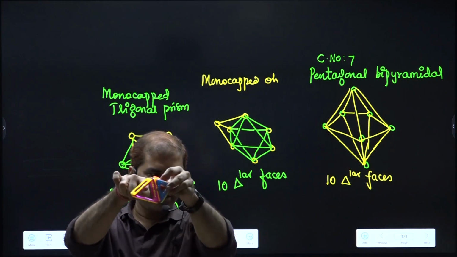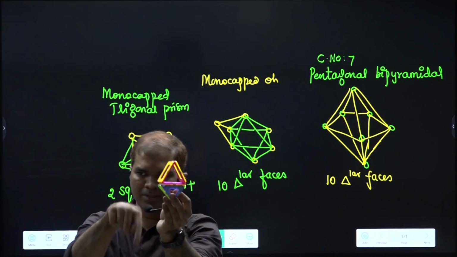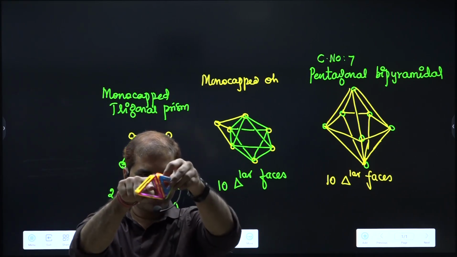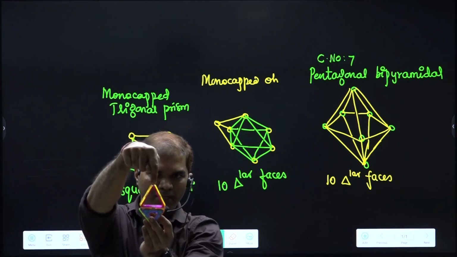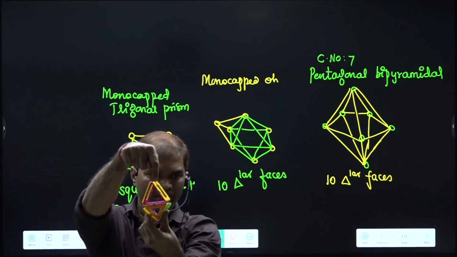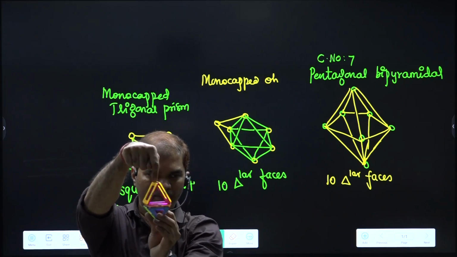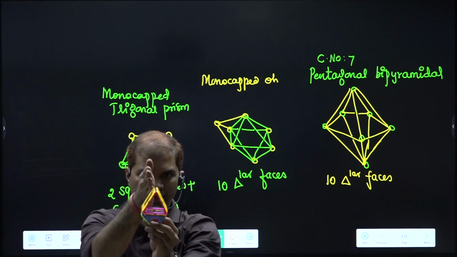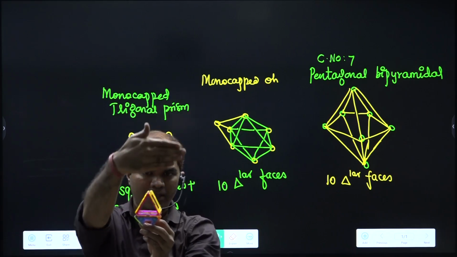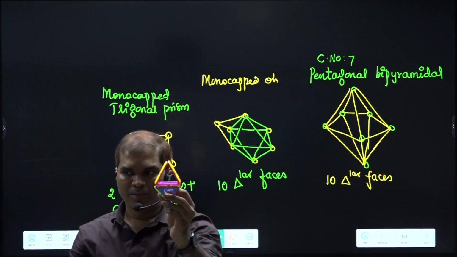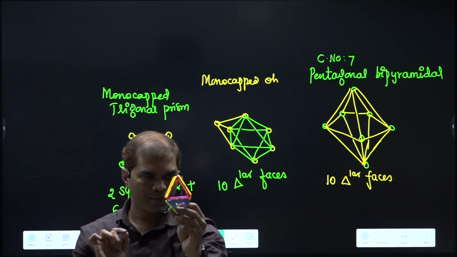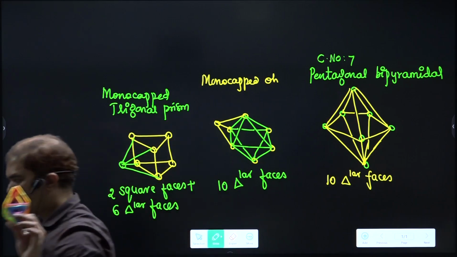I cannot pass a C3 because the cap was towards the bottom side, now it is moving towards your right hand side. C3 is not present. But from here, can I pass a C2? C2 is possible. Can I pass a plane? Can I pass another plane? Yes. So monocapped trigonal prism belongs to the C2v point group.